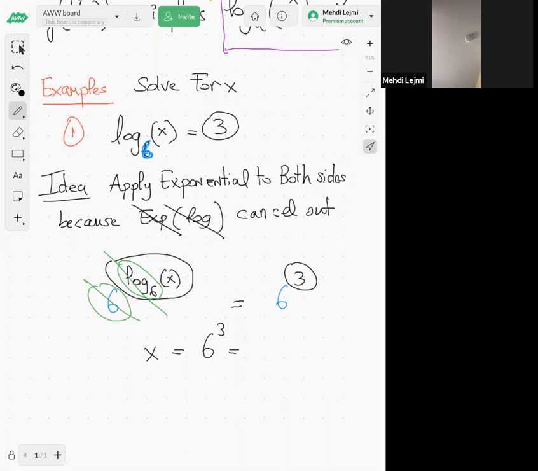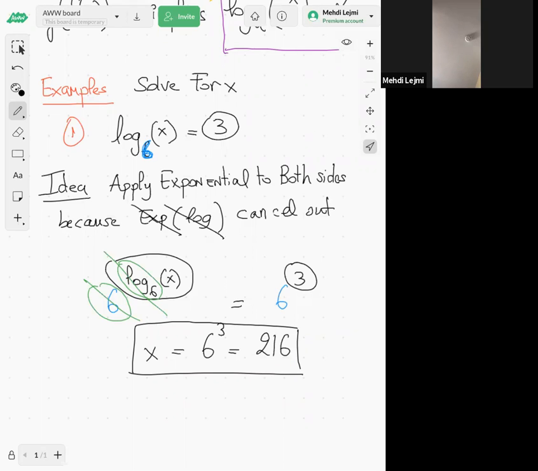That would be 216, right? If I'm not mistaken. So then your x is 216, right? So you see the idea, guys? You have a log, you want to get rid of the log, just apply exponential, because exponential and log are inverse of each other, so they cancel out.